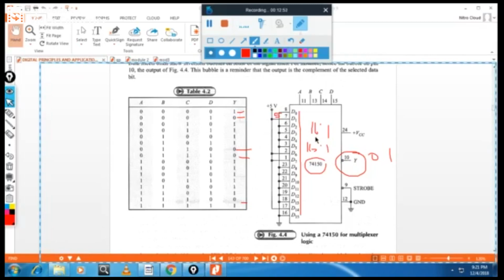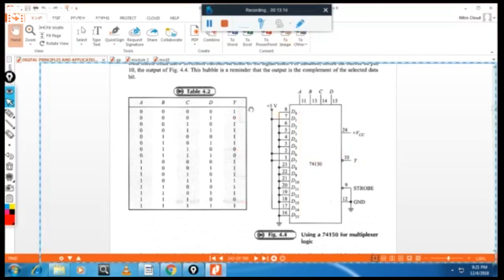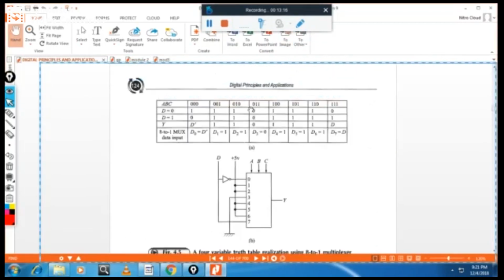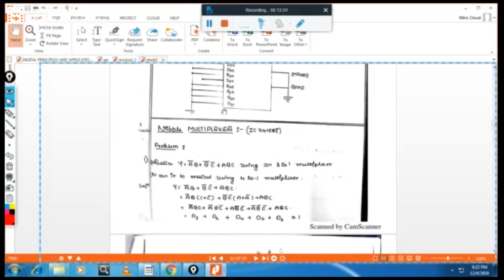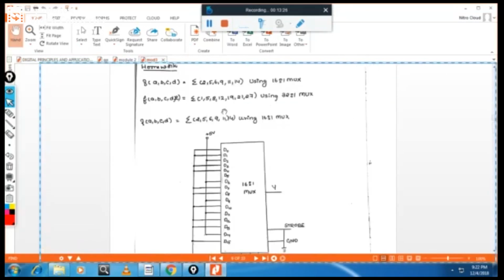So if in the exam they ask to implement a particular truth table using the 74150 16:1 multiplexer, then please remember the output is an active low signal. In that case, you have to connect 0 to VCC and 1 to ground. So this is one of the circuits. Now we'll see the implementation of the sum of the circuit diagram.